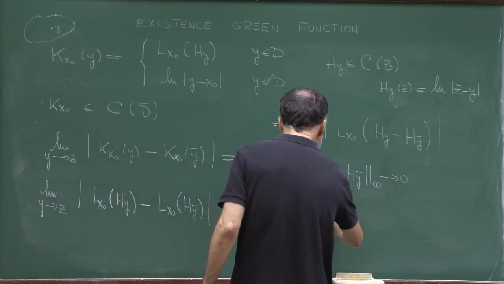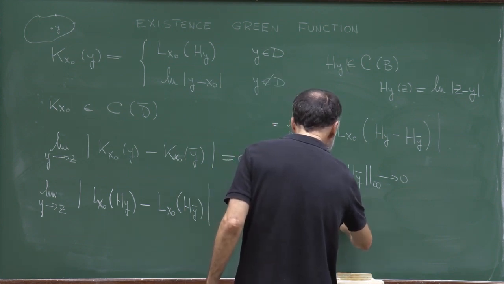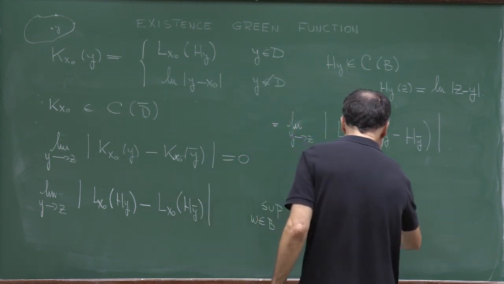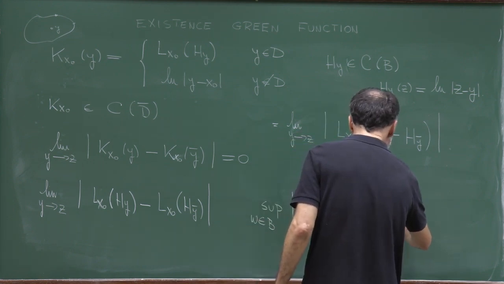So this is log of |y minus w| minus the log of |y bar minus w|.